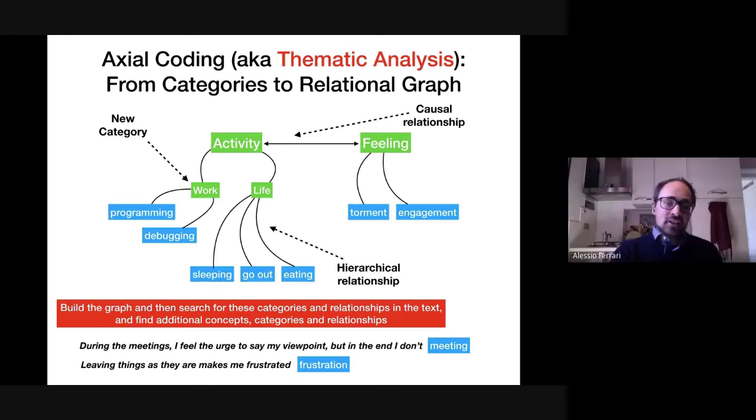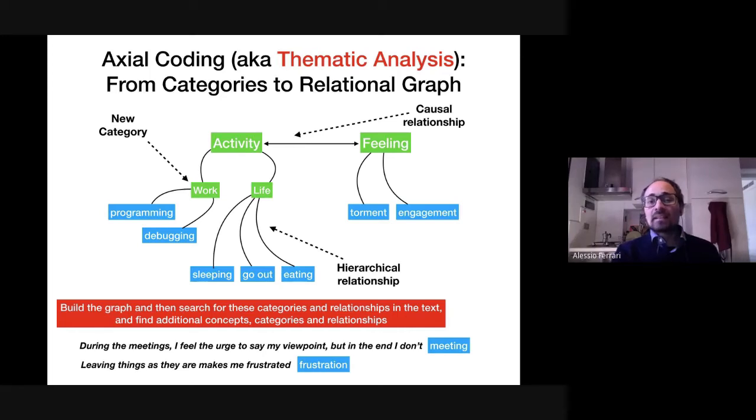By creating some relationships, I also create some subcategories. So a hierarchical relation. The new categories are work and life, because the activity can be separated between working activities, for example programming and debugging, and life-related activities. So sleeping, going out, eating, in the same example. You understand where we are going.